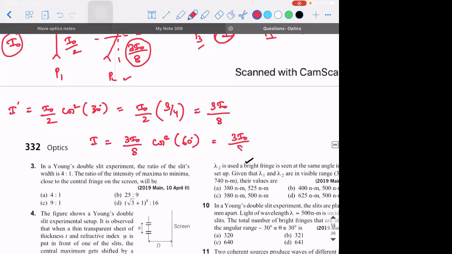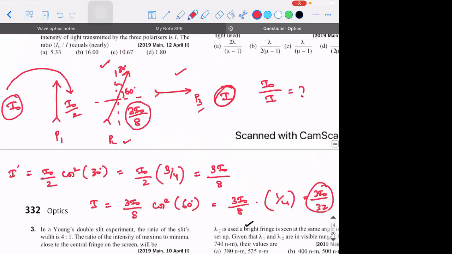So 3 I0 divided by 8 into cos square 60, which is 1 by 4, gives 3 I0 divided by 32. This is I. So I0 divided by I will be equal to 32 divided by 3.